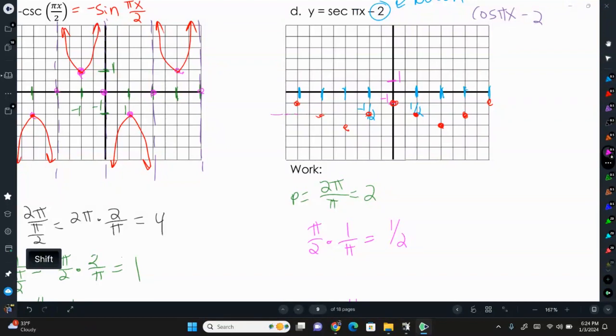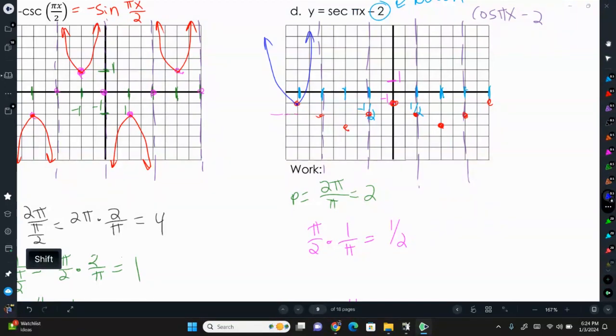Okay, so that means our asymptotes, let's use purple. This is going to be an asymptote. This is going to be an asymptote. This is an asymptote. And this is an asymptote. And then any time between that, okay, so then look at that parabola.